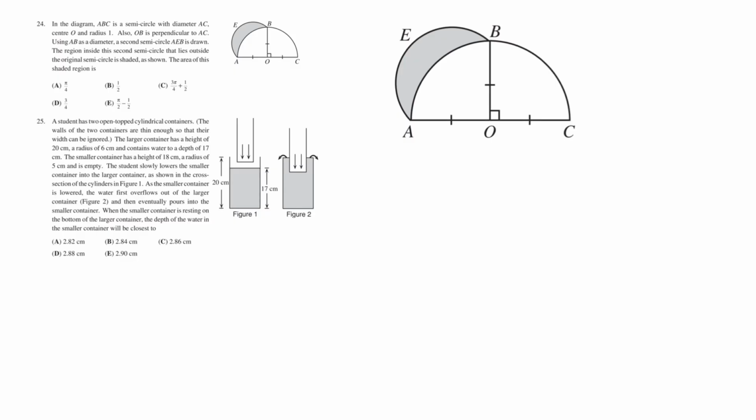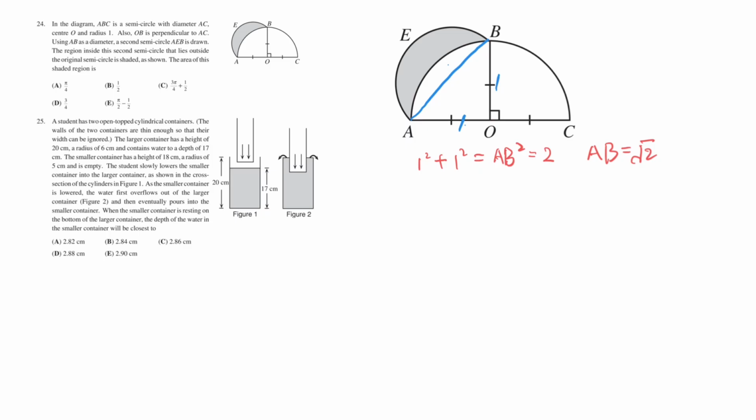Now we connect OB and OA, which are both radii. The radius is 1. And what's AB? AB is the diameter of the second semicircle. So we use the Pythagorean theorem: 1 squared plus 1 squared equals AB squared. That's 2, so AB equals the square root of 2.